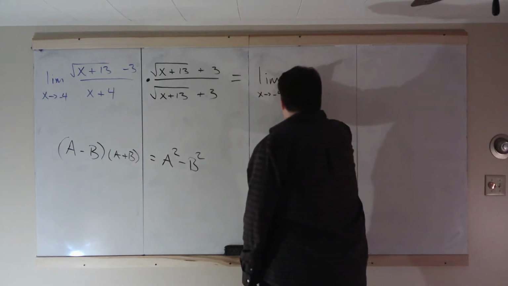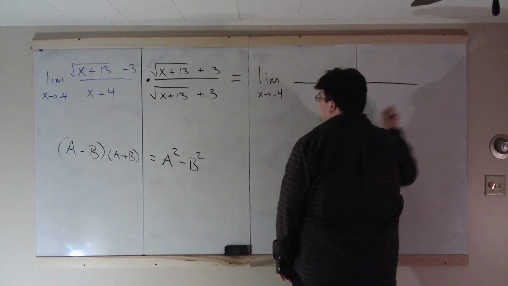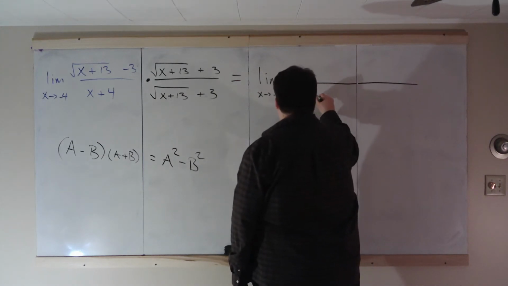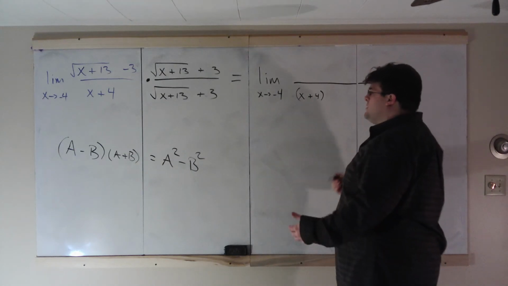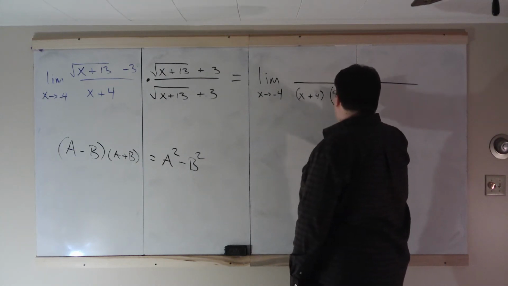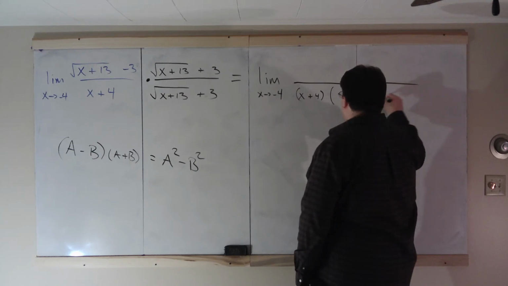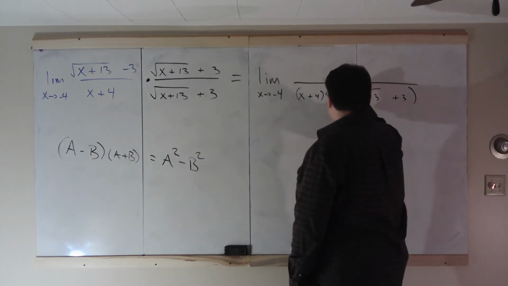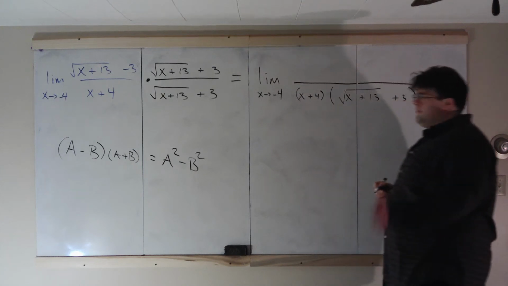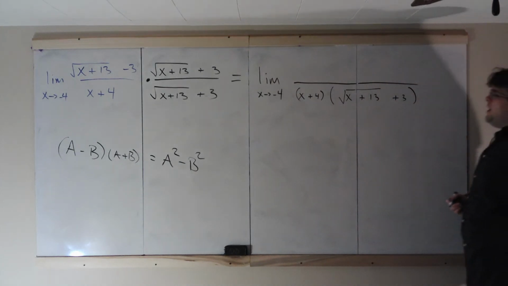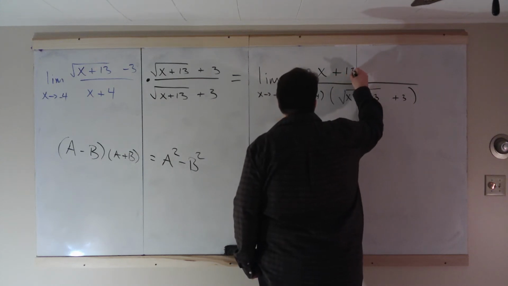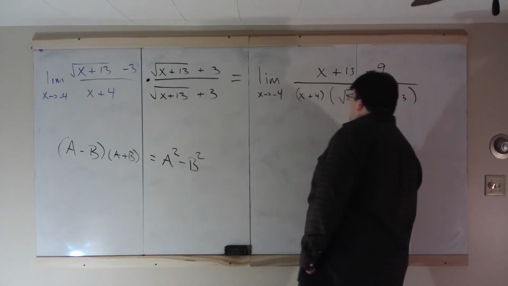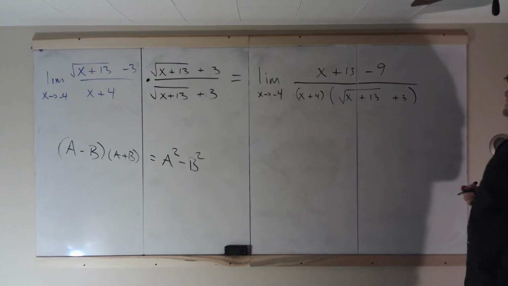So multiply these out. What do we get? Well, on the bottom, multiplying everything out will make it harder to see. So we won't multiply any of the bottom out. We'll just leave it as the one thing times the other thing. But what happens in the numerator? Well, this happens in the numerator: x plus 13 minus 9.